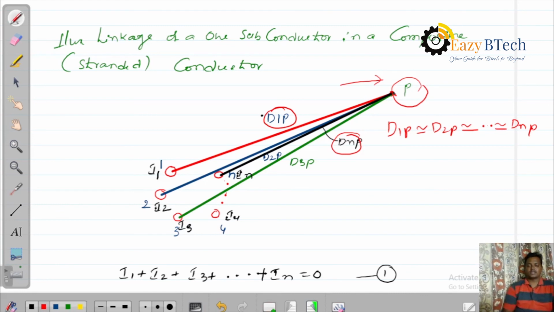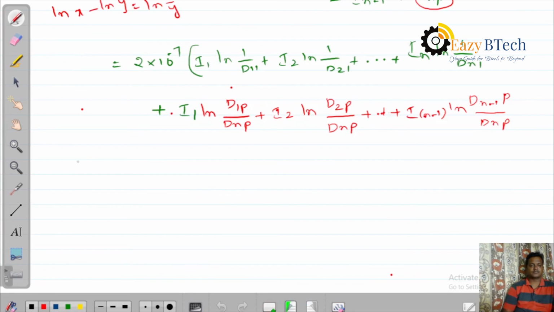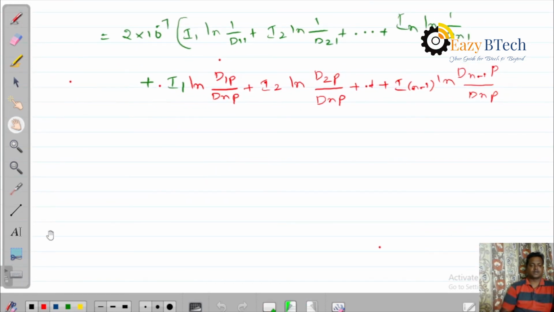Therefore, now the expression becomes, all the distances are same. Therefore, it becomes 1. This part becomes d1p by dnp, d2p by dnp, and the last term becomes 1.